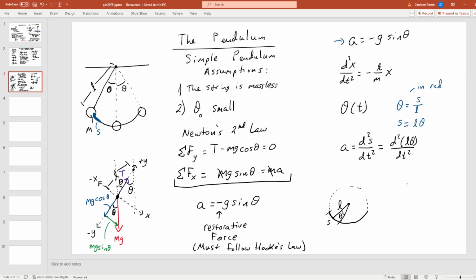And so, with that kind of thought process, what we can see is that L is constant, so it can come out of this derivative. And now we're taking the second derivative of theta, which we must because theta is our function of time. Right?